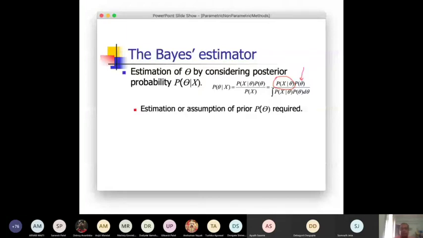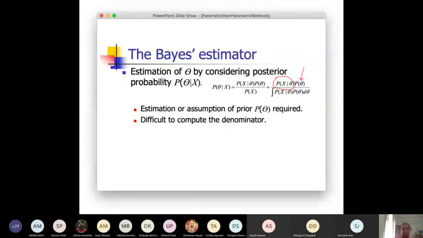So this is a requirement: this prior probability needs to be computed, or it should be provided. There has to be an independent process by which you derive this probability distribution of the parameter in the parameter space. In the trivial case, if you consider a uniform probability, then this computation is again the same as the likelihood-based estimation.